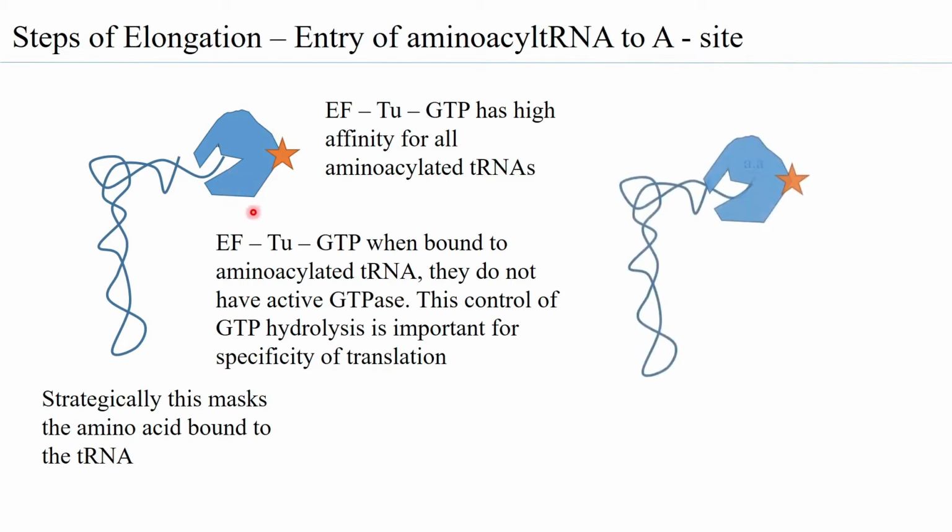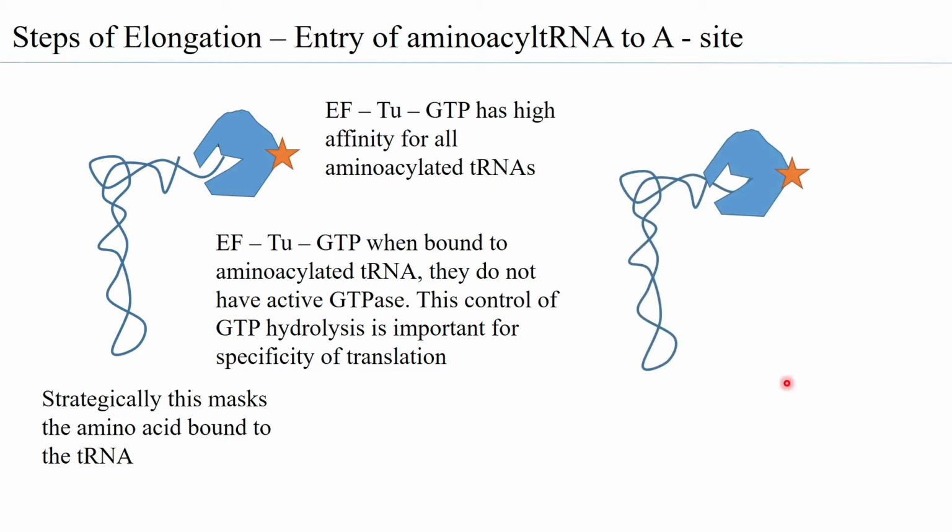Now let's consider, for example, the EF-GTP becoming an EF-GDP after hydrolysis. Suppose the GTPase activity of the EF gets activated, and because of that the GTP is hydrolyzed to GDP. When GDP is bound, we have already seen that there is a conformational change.